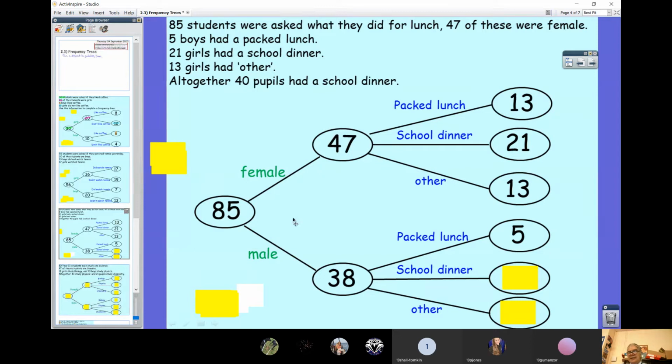As things stand, until I process that last bit of information, I can't do these. But I am told that 40 pupils had a school dinner in total. Well, there's 21 of them. 21 girls had a school dinner. 40 had a school dinner in total. So the boys having a school dinner must be 40 take away 21, which is 19.